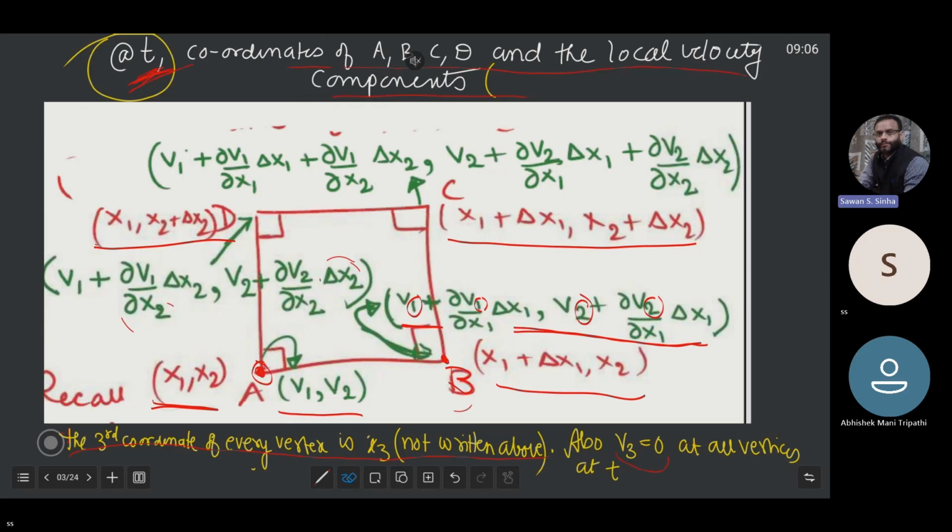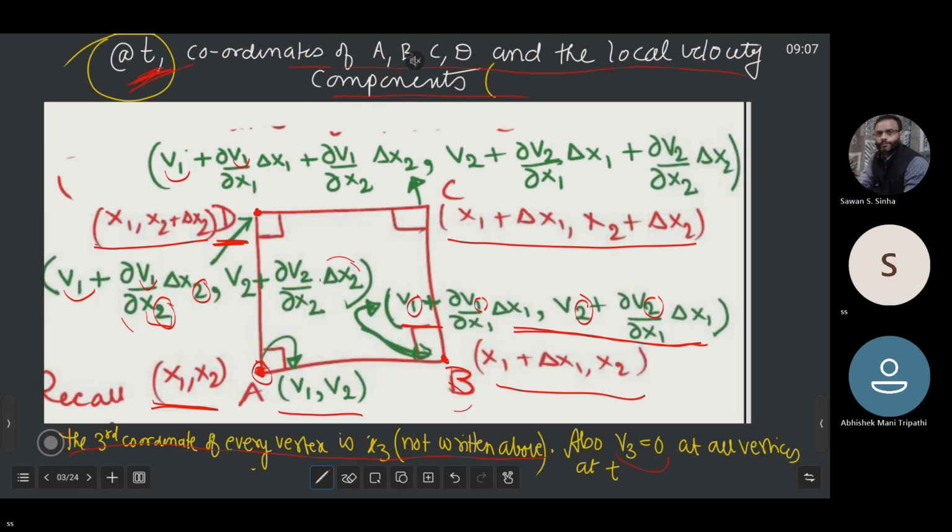If you go to this vertex D here, this is v1, this is v1, not this, D is here. This is v1, v1 because it is about the first component of velocity, but here the derivative is with respect to x2 because this point is displaced relative to A in the e2 direction. So that's why you get 2 here.